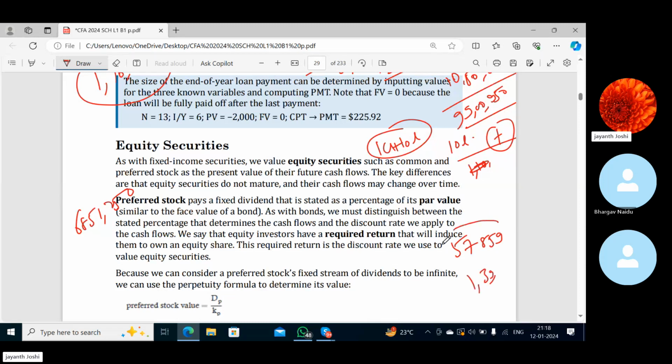That means more than double the amount of this loan. Are you understanding? Please tell me. Yes. I don't know whether you're understanding or not.